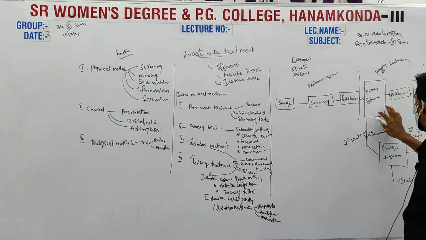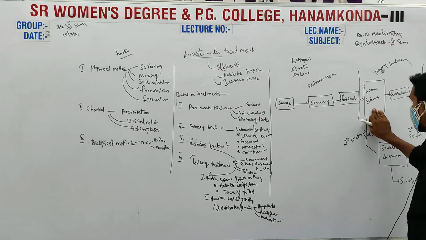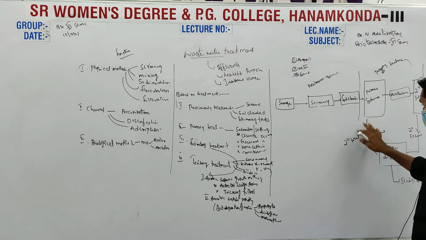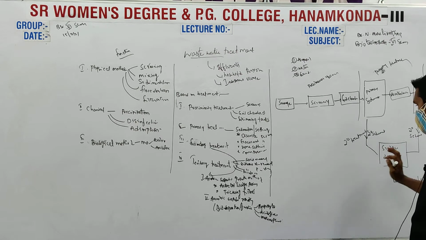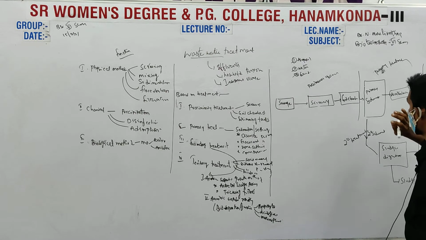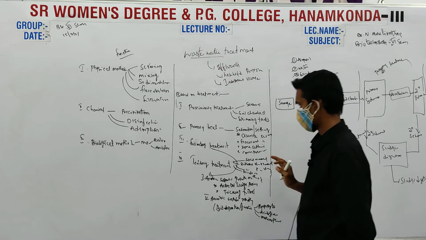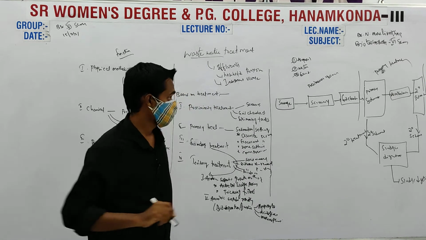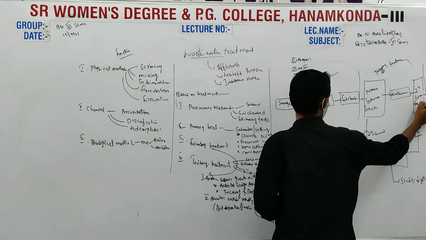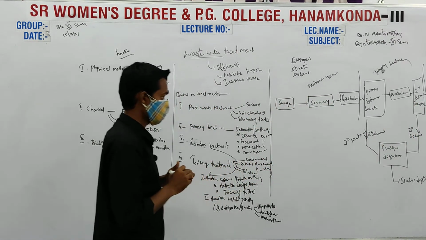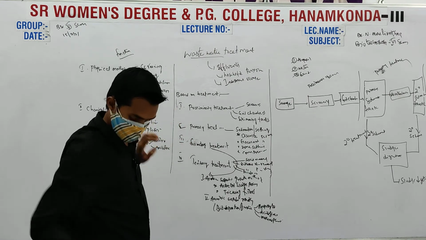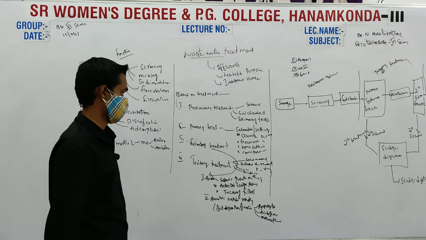There will be two tanks, the primary sedimentation tank and the secondary sedimentation tank. Whatever sediments are formed will go for sludge treatment. The use of primary and secondary sedimentation tanks is called primary treatment.